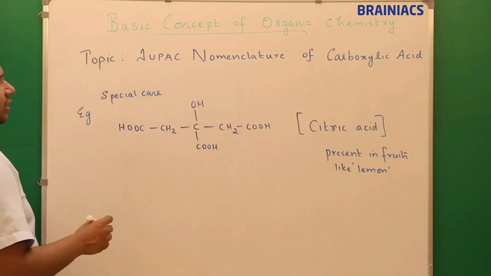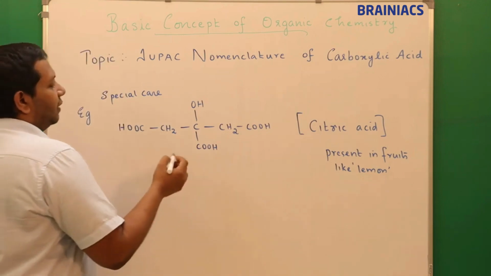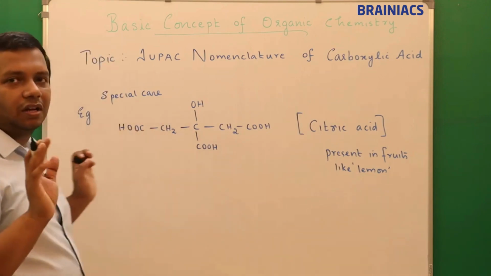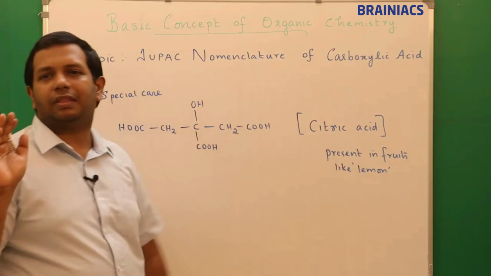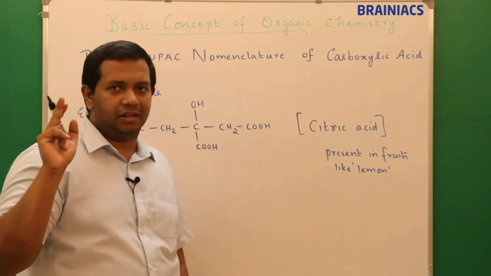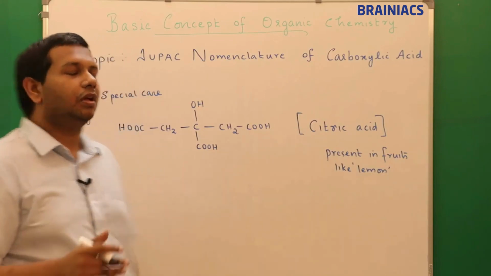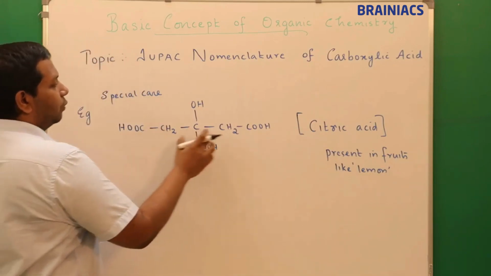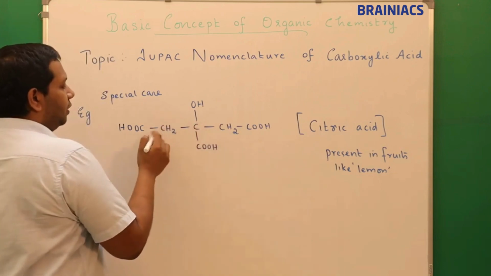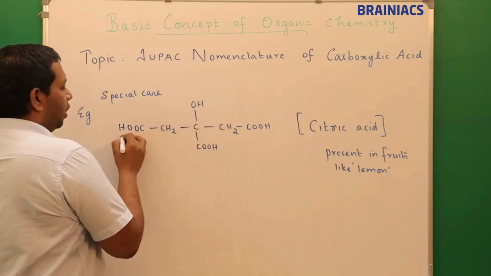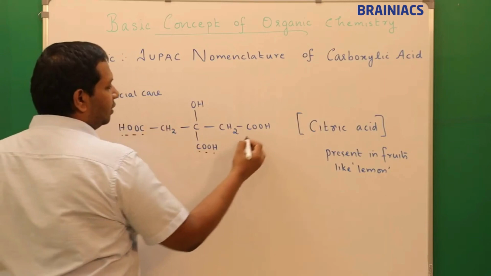So the rule says, listen here, what are the carbon containing functional groups? Carboxylic acid COOH, cyanide CN, then CHO aldehyde. These are carbon containing functional groups. If you see here, how many are there? There is one, another one, another one.